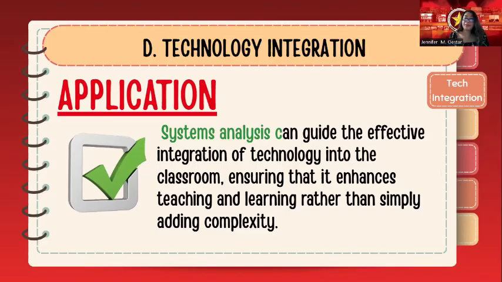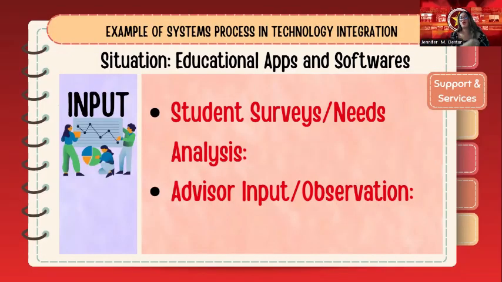For our input under the use of educational apps and software as a specific systems process in technology integration, our input would be surveys and needs analysis again, collecting feedback from students regarding the effectiveness of the apps or what apps they would be needing in the implementation of this policy.